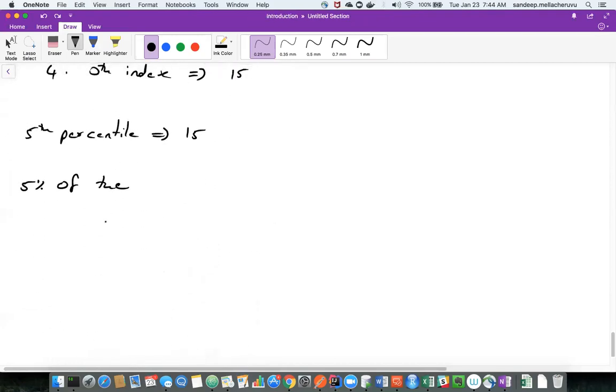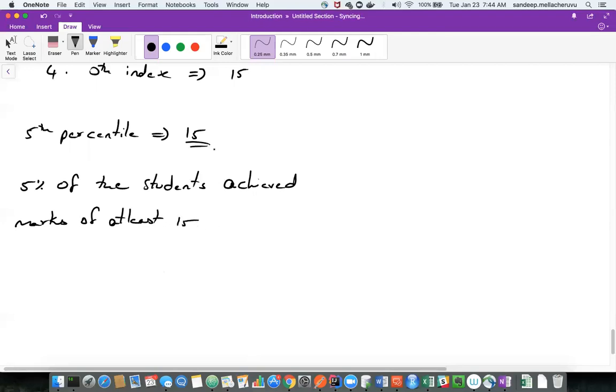So the interpretation will be like this: 5% of the students achieved marks of at least 15. 15 is the marks. Is this clear?